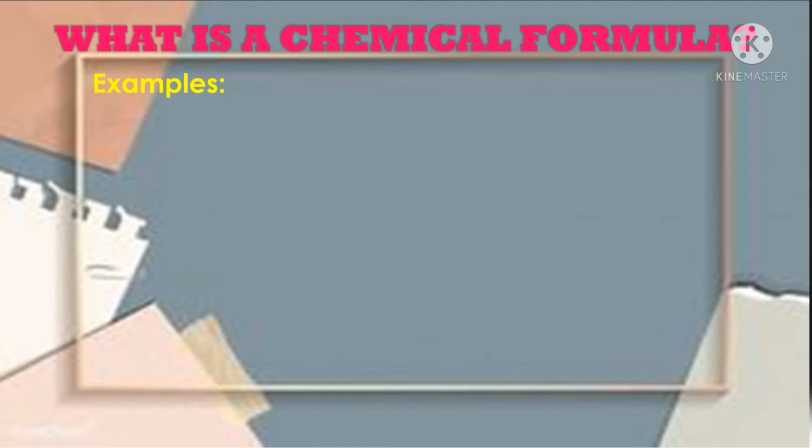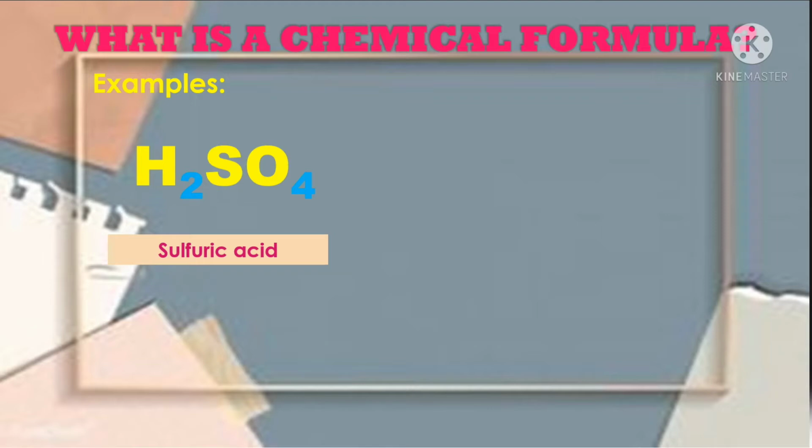Now, here are examples of some common chemical compounds. Let's start with sulfuric acid, which is also known as hydrogen sulfate. It is represented as H2SO4. Notice that there are subscripts here and also here, but never mind about that for now.